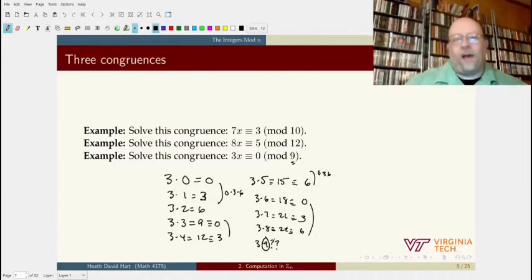And so I stop. And so this congruence has 3 solutions. x is equal to 0, x is equal to 3, and x is equal to 6.